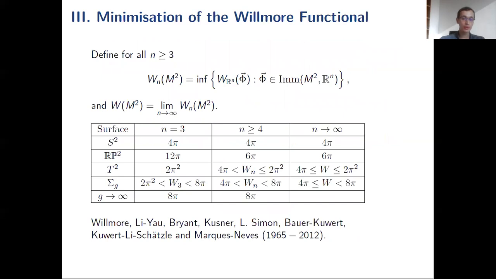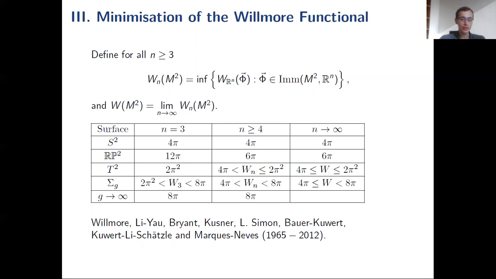And in this paper, Willmore introduced the following problem called the Willmore problem. So you fix a topology for a surface, and you look at the minimum of the energy. Of course, it depends on the codimension a priori, but it will also be trivially decreasing if you take larger and larger codimension. So you can look at this quantity beta of m when you take the limit when n goes to infinity.